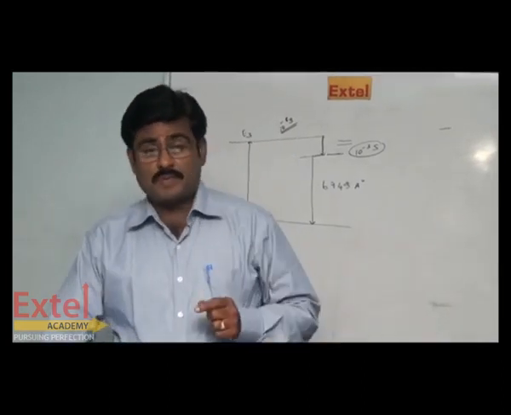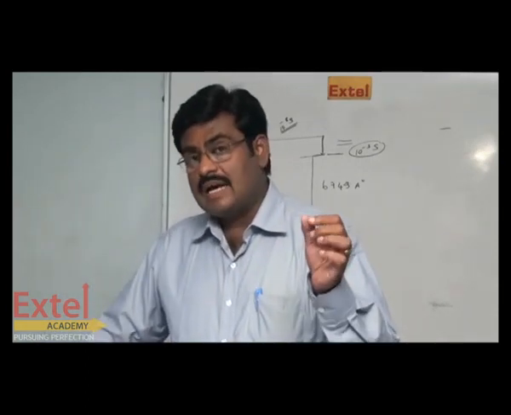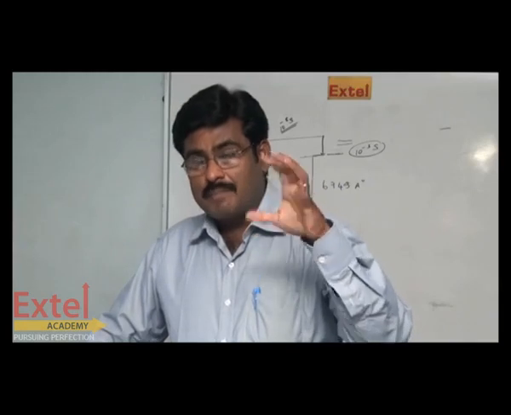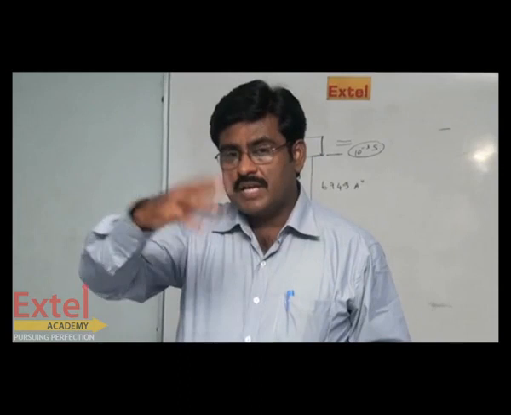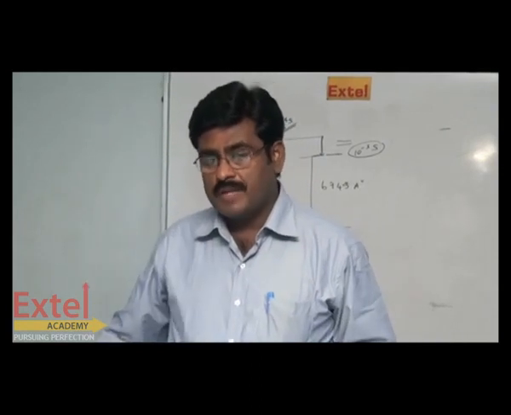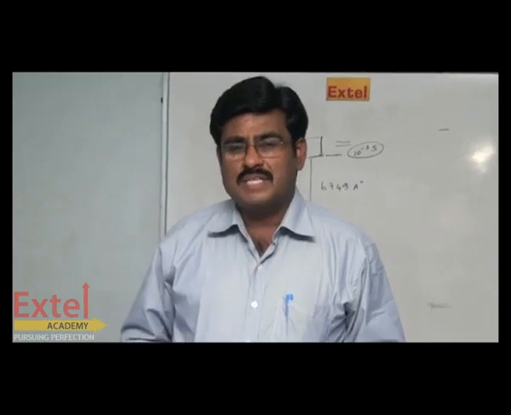But what is the main purpose of the maser? A maser is used to analyze the molecular structure of molecules in the field of molecular spectroscopy. And what are the substances which can be used as the maser material?